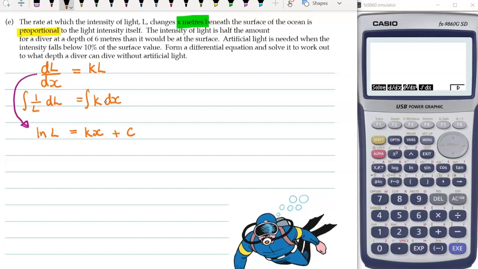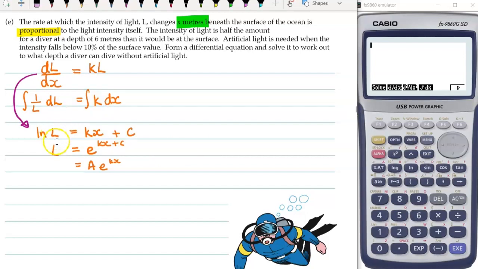Now, if we take e of both sides, that helps us to get rid of the natural log on the left, so we've got L equals something. Now, if we have e to the kx plus c, that's the same as if I was to do e to the kx times e to the c. Now, e to the c is itself a constant, so we just write that as a e to the kx, where we've turned this into the constant a.